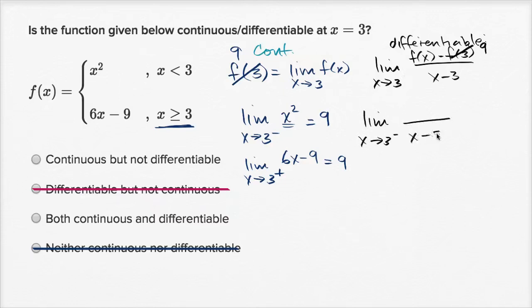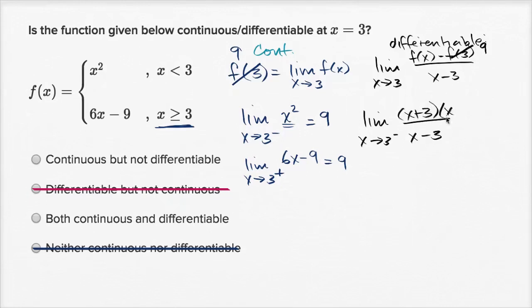So it's over x minus 3, and we have f of x minus 9. As we approach from the left-hand side, x is less than 3, so f of x is equal to x squared. So instead of f of x minus 9, I'll write x squared minus 9. This is a difference of squares, so this is x plus 3 times x minus 3.